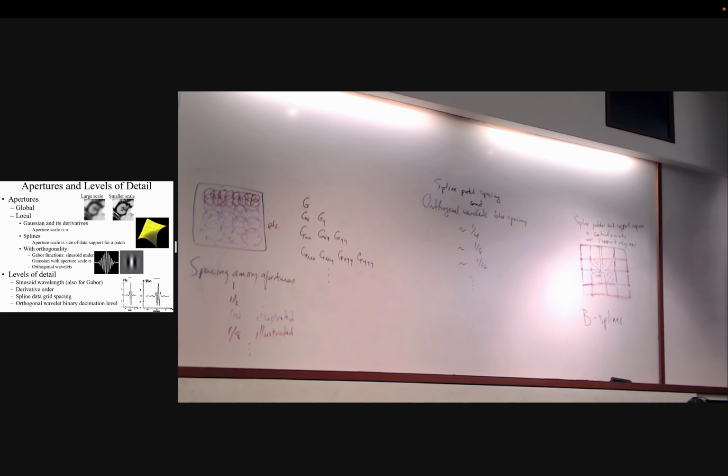That's in the post-exam period, which starts now, except that I want to take any questions you have so far on the ideas of aperture and level of detail and these 4 options that I've been talking about: the Gaussian derivatives, the Gaussian wavelets, the orthogonal wavelets, and the B-spline arrangements.